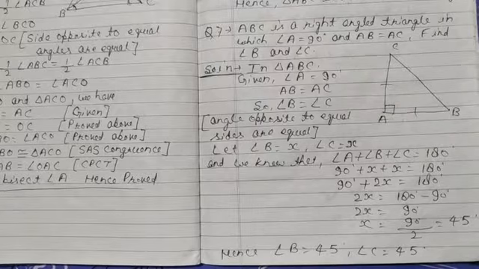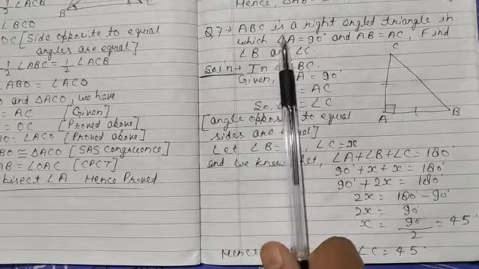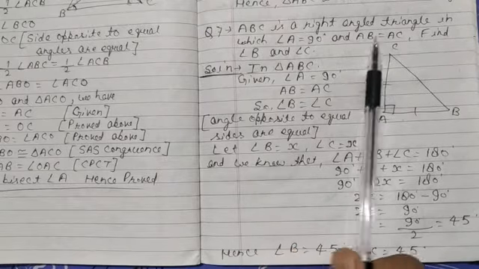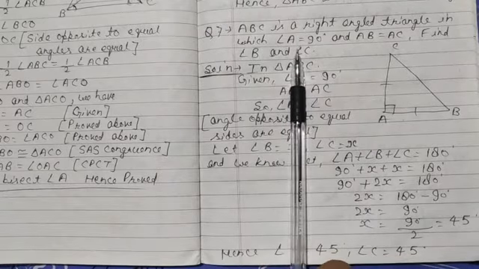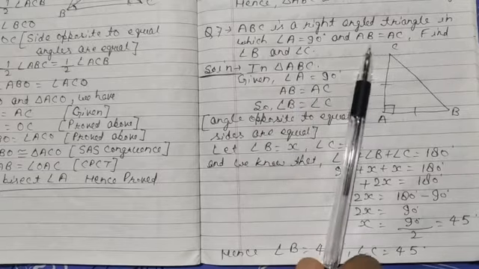Similarly, question number 7. ABC is a right angle triangle in which angle A is equal to 90 degrees and AB is equal to AC.